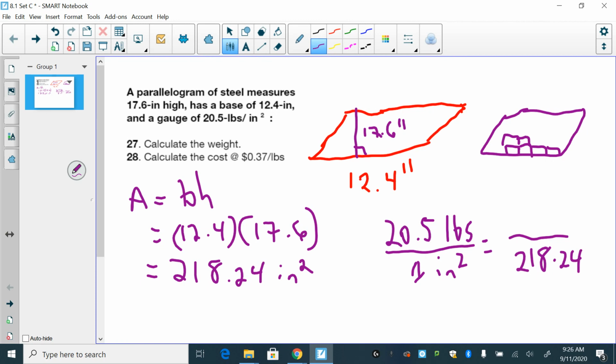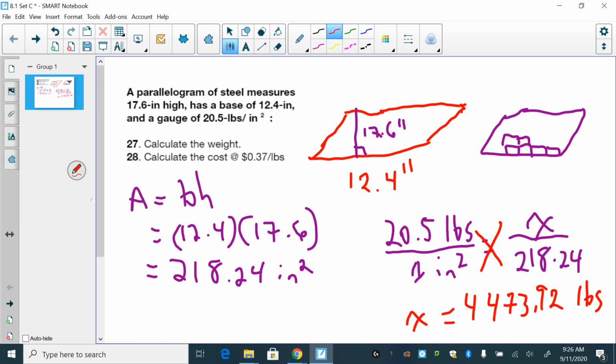And I'm looking for the weight, so X for pounds. All you're going to do is cross multiply. So I'm going to take the 218.24 and multiply that with 20.5, and that's 4,473.92 pounds.